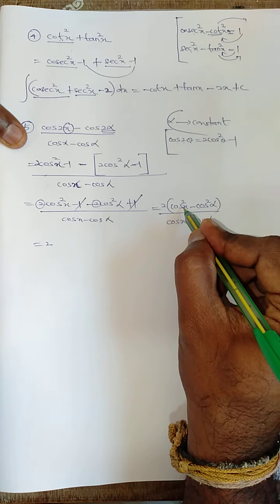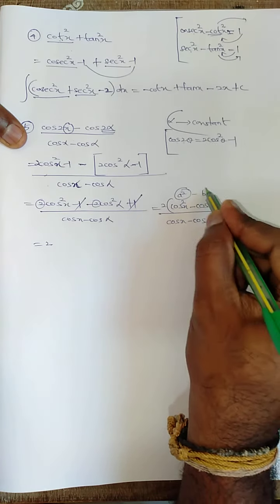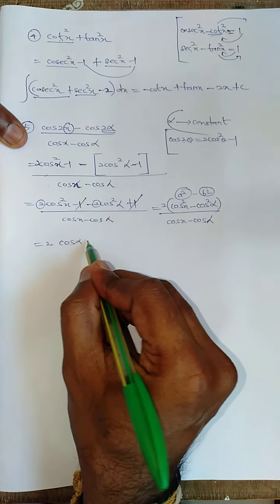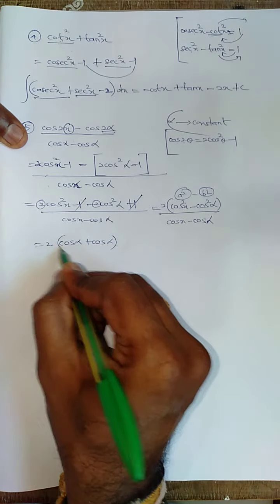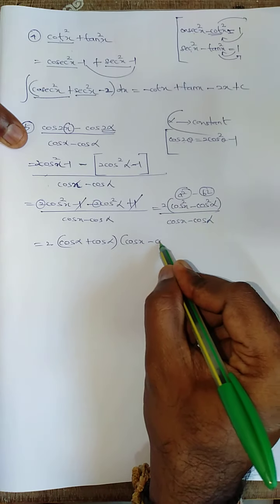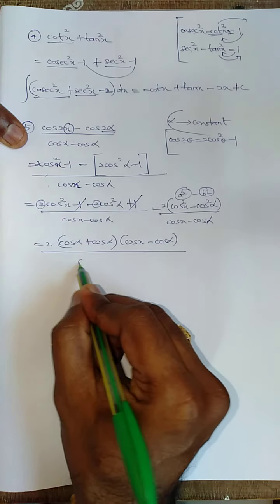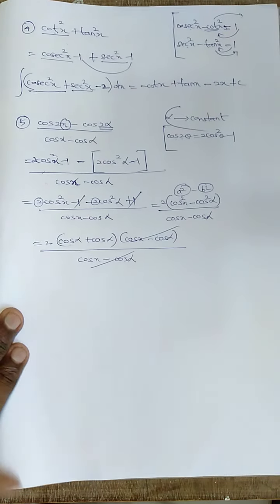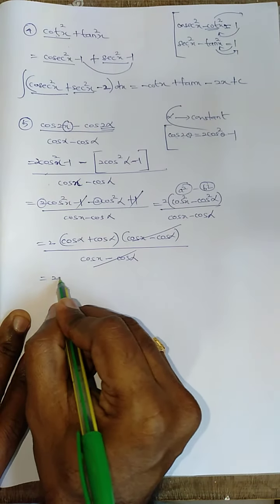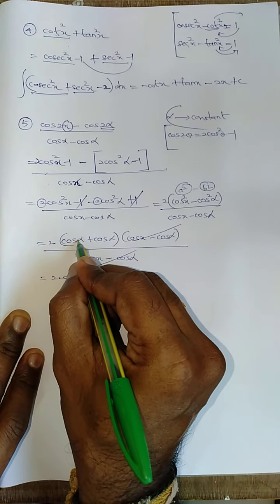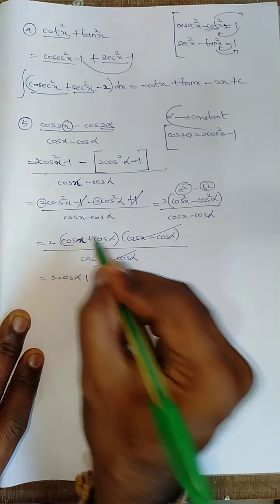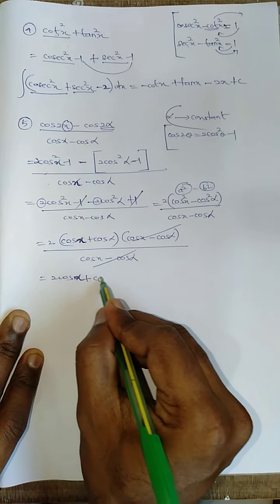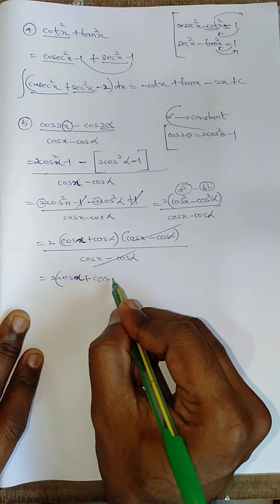So 2, a square minus b square formula is a plus b, a minus b: cos x plus cos alpha, cos x minus cos alpha, divided by cos x minus cos alpha. These both can be cancelled. So what remains is nothing but 2 times cos x plus cos alpha. Here 2 is common, take it outside.